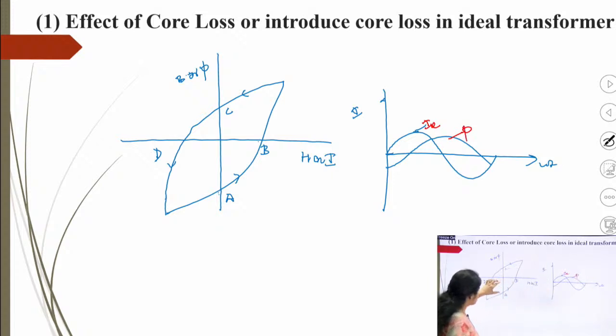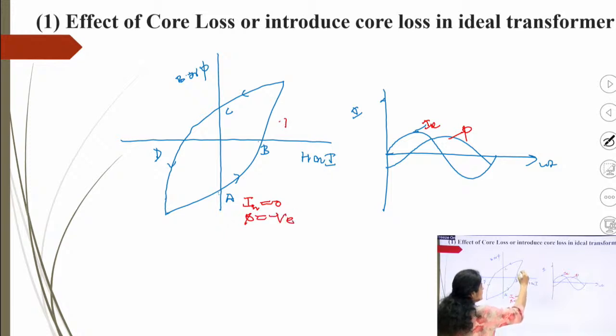In this case you can see the current is leading the flux. Here the magnetizing current is 0 at point A and the flux is negative, right.